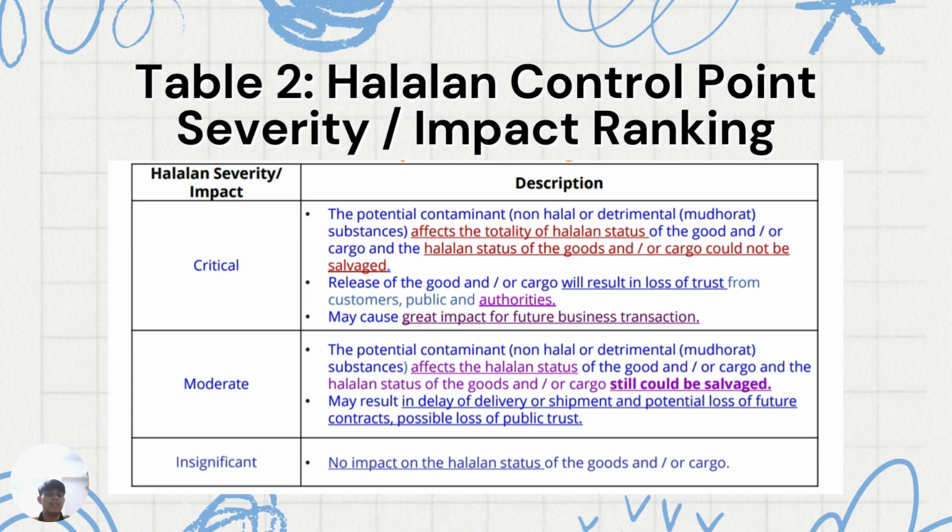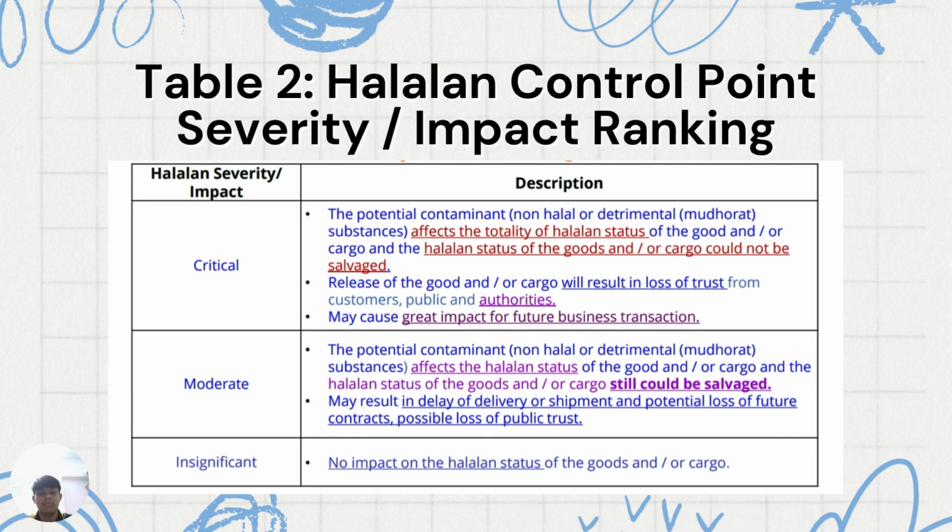Now we move to our next table, which is table 2, halal control point severity or impact ranking. The first one we get is critical. The potential contaminant, non-halal or detrimental, which in other words is mudarat, substances, affects the totality of halal status of the goods and or cargo, and the halal status of the goods and or cargo could not be salvaged. Second, the release of the goods and or cargo will result in lost trust from customers, public, and authorities.